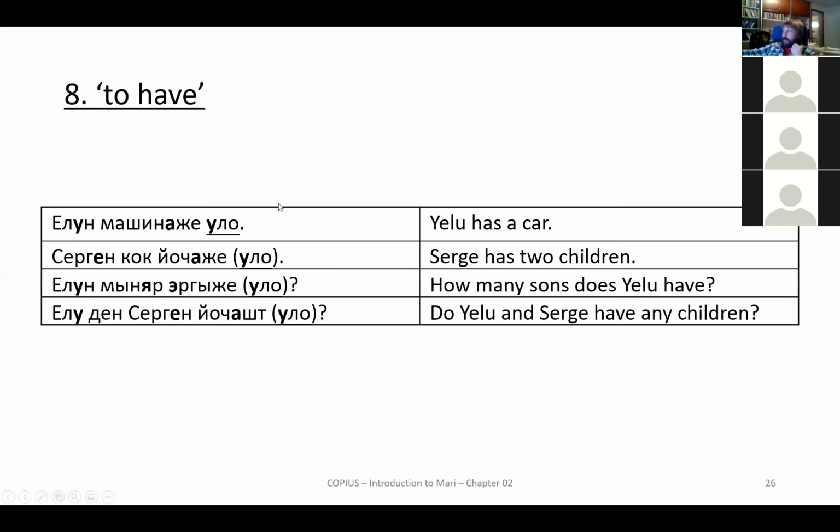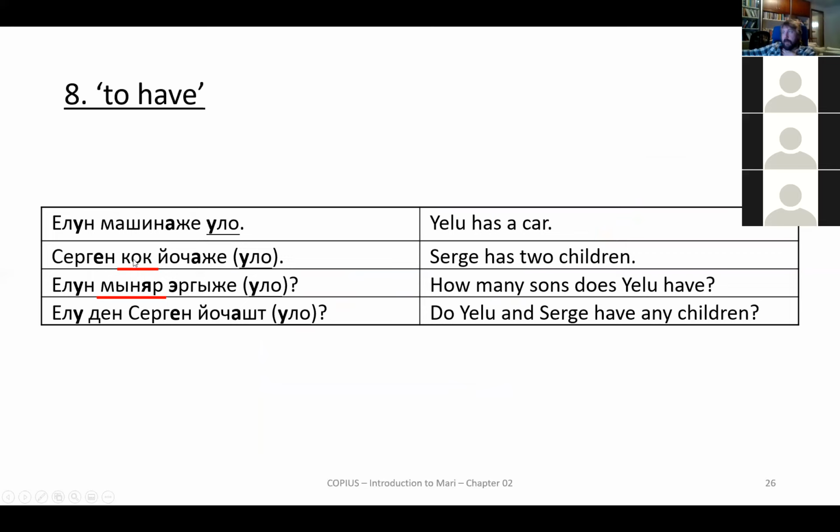As we will see in some of these examples, especially if we have a quantifier or numeral of some sort, like if we say that Sergei has two children, "Sergei kopiusch ulo," especially if you have a quantifier, the ulo is often omitted.